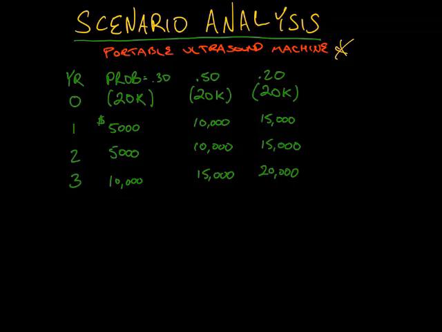What we have here are the various years. We've got years 1 through 3 on here, with year 0 being the initial purchase of this machine, and then the estimated revenues coming in years 1, 2, and 3. Remember that when you see the parentheses, that's a fancy accounting and finance way to show a negative. So that's the cash outflow.